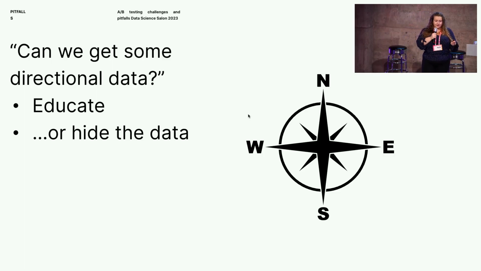I've also, in one of my previous jobs, we actually hid the results from our stakeholders up until they were ready and statistically significant and had run for the expected amount of time. That is not great. It doesn't build trust. It's never good to hide things from your stakeholders, but sometimes you may need to do it.